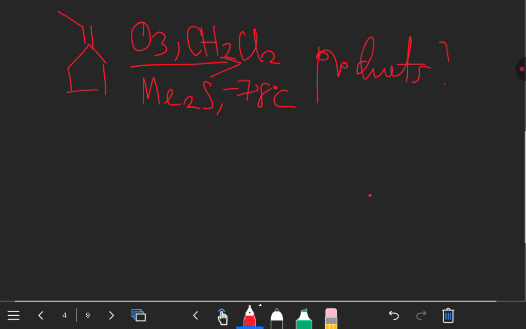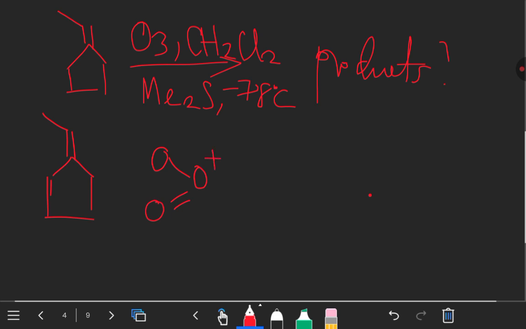So the first thing, I'm going to write this same compound, then it is reacting with ozone. We are using ozone to break this compound, so I'm going to write ozone like this. The structure for ozone, in the first part we said it has this structure, because that oxygen is bonded to three things.